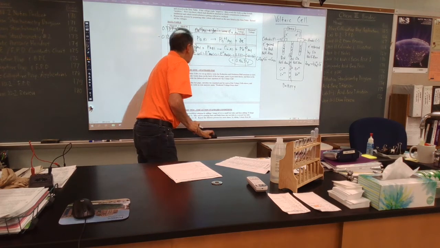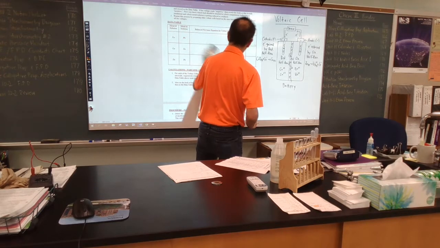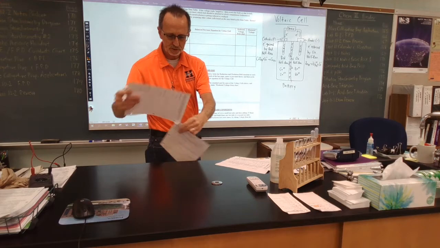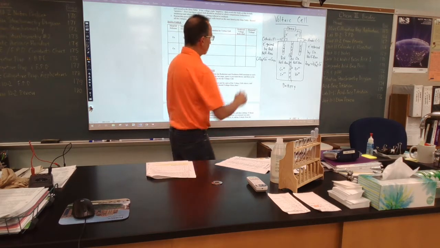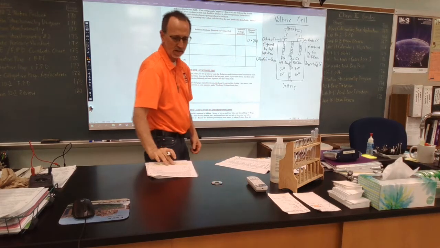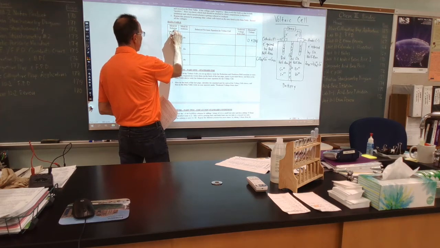All right? So let's make a return trip there and finish off the first reaction. So we had said previously that the measured voltage for reaction 1 was 0.470 volts. We said that our copper half reaction was our cathode, which was reduction.